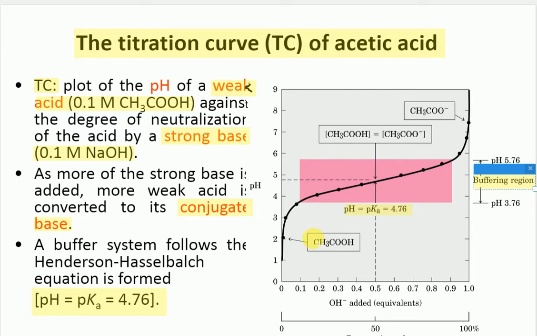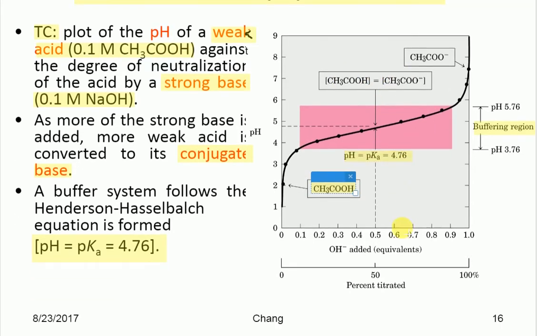Here is our weak acid. And as we go down this line, hydroxide or our strong base is being added. And then as more base is added, it loses a hydrogen to become what is called the conjugate base.